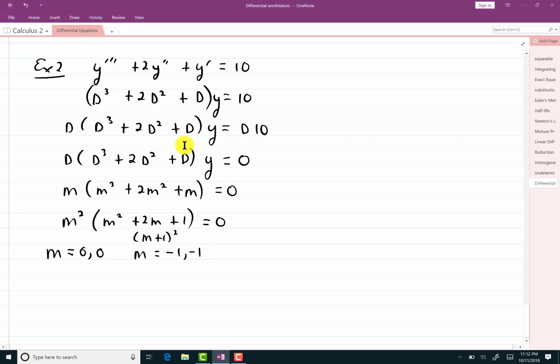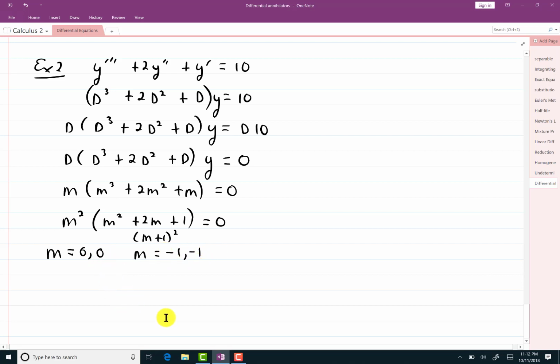Now keep in mind what actually did solve the original equation, or at least the homogeneous part of the original equation, this d cubed plus 2d squared plus d, or the m cubed plus 2m squared plus m. That part there is responsible for one of these zeros and two of these repeated roots.